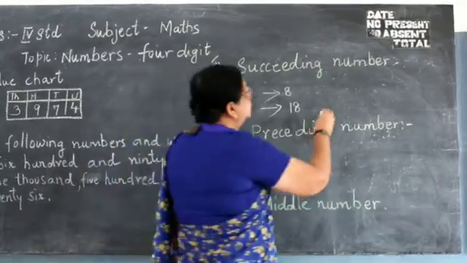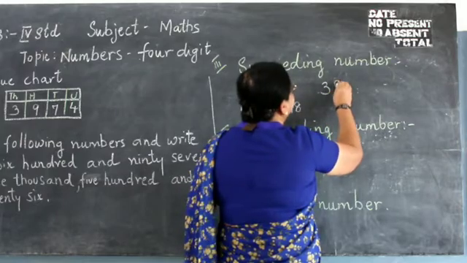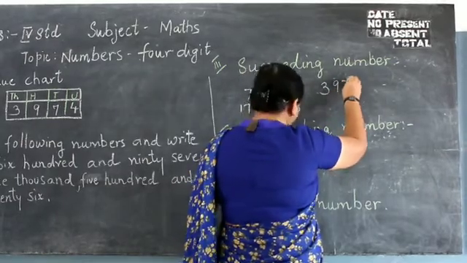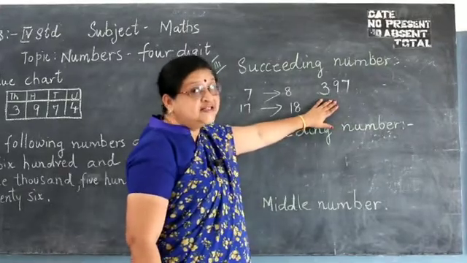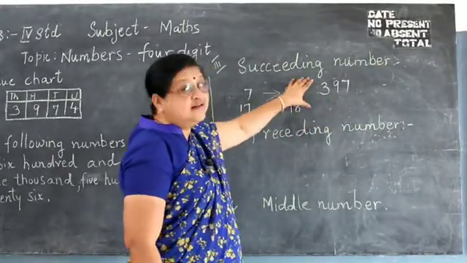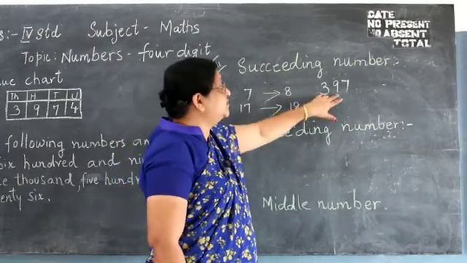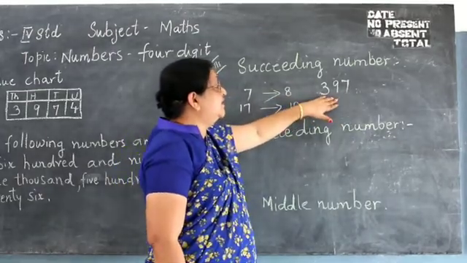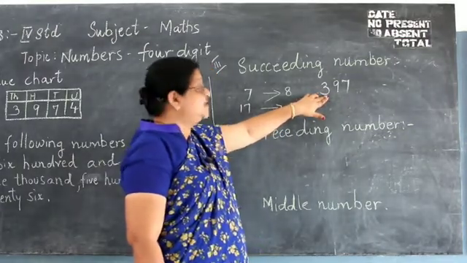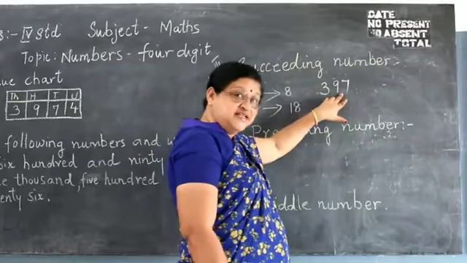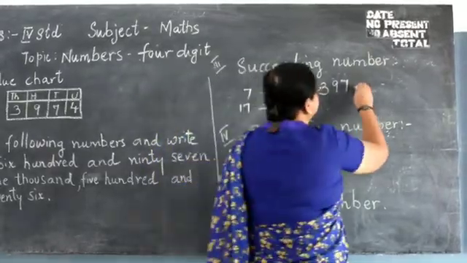Now I will do with the 3 digit. Suppose I give 397. Now this is a 3-digit number. In this, what is a succeeding number? Simple. Now you have 3 digits. You have to see 3 will be standing in the same place, hundreds. 9 also will be in the same place, but the unit place will change in the succeeding number.